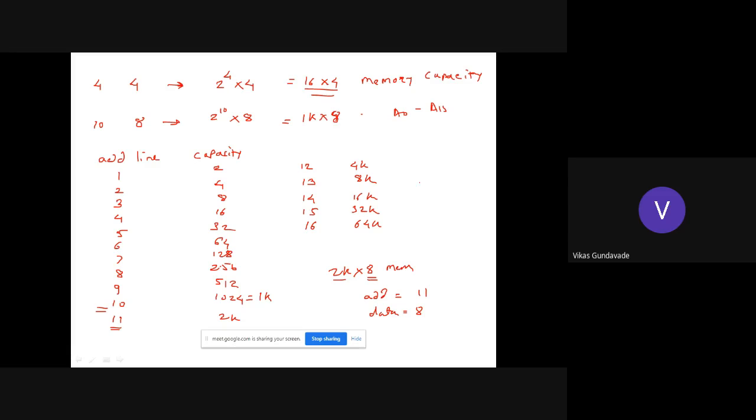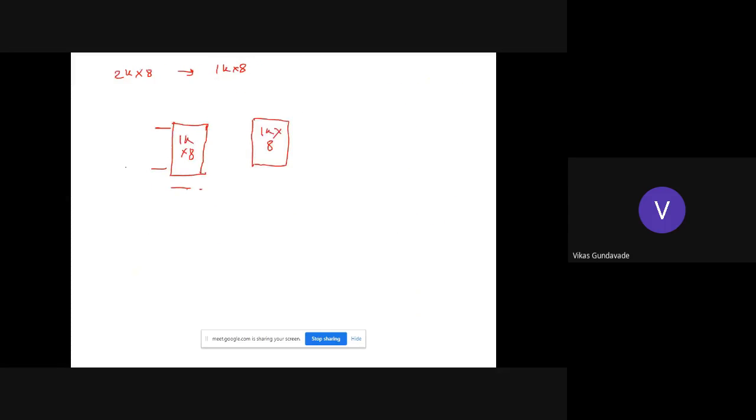That means 10 lines are represented by A0 to A9. A stands for address lines. So for 10 address lines, the range is A0 to A9. I will write here A0 to A9.